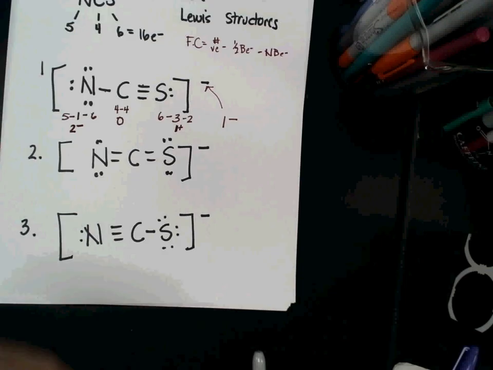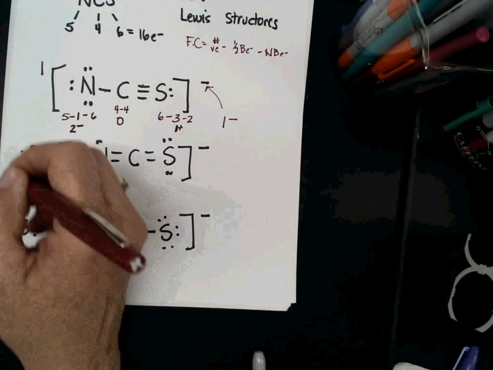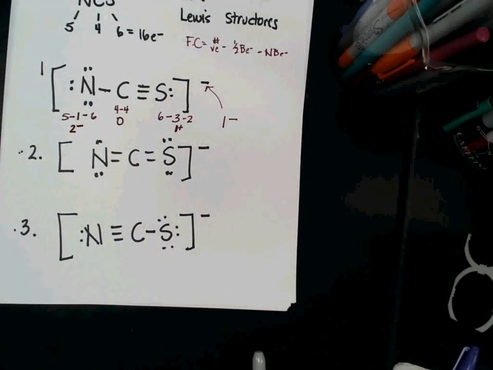Now I want you to figure out the formal charge on 2 and 3 and see what you come up with. When you have the formal charge on both 2 and 3, stand up.